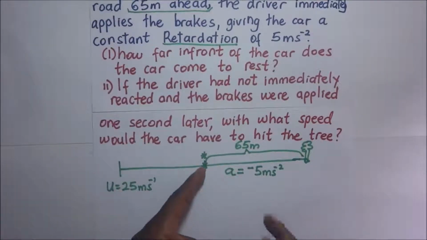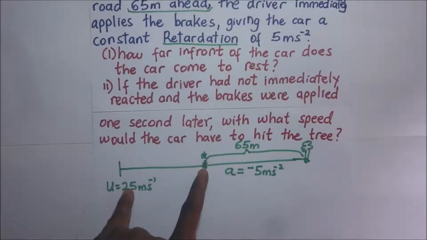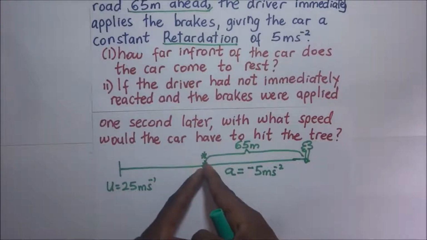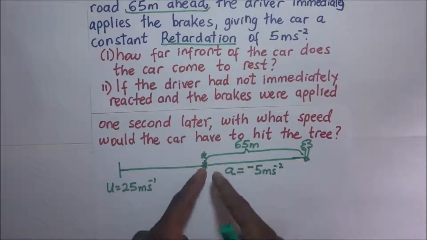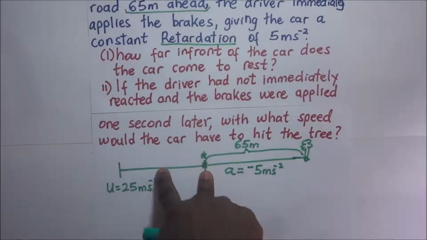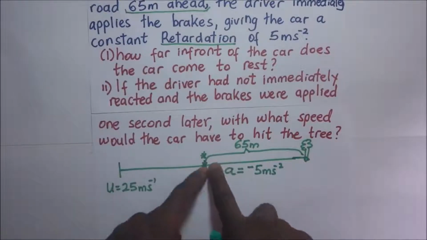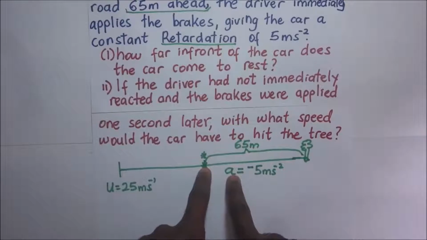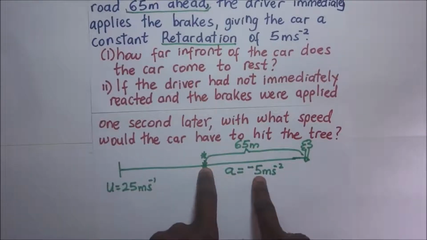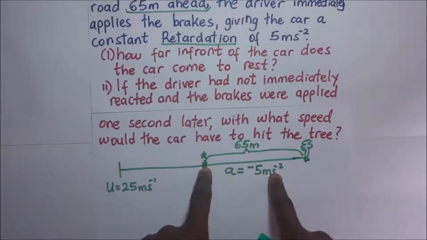Then from here, the velocity that was previously constant starts varying until it drops to 0, because he applies the brakes. So when he applies the brakes, the acceleration ceases to be 0 and becomes constant. Now the velocity is reducing at a rate of 5 meters per second squared.